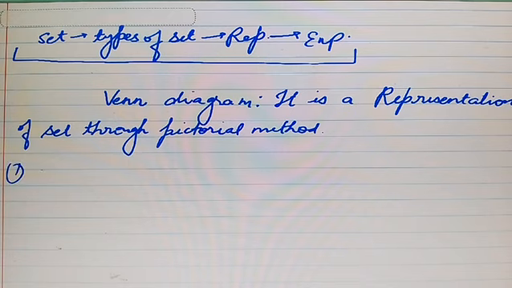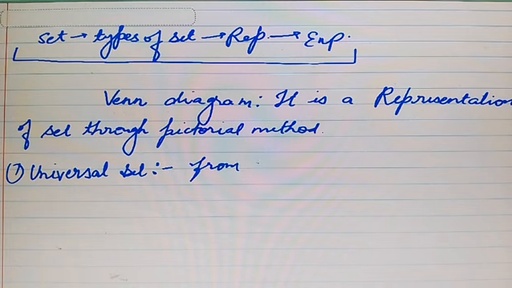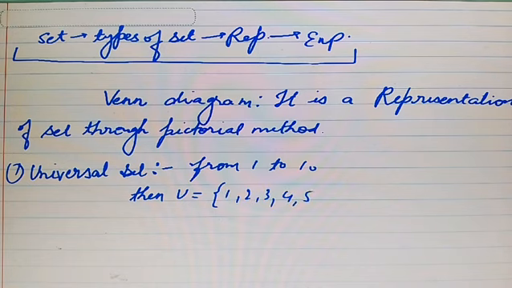First is universal set. Let's understand through an example. If I'm talking about numbers from 1 to 10, then its universal set will be this.